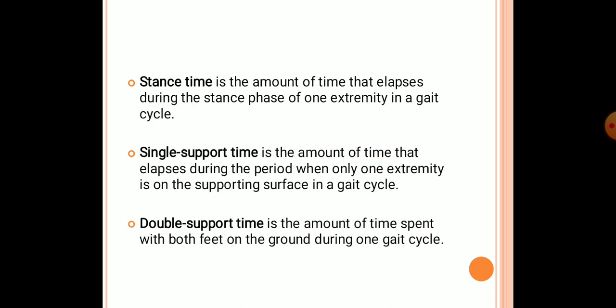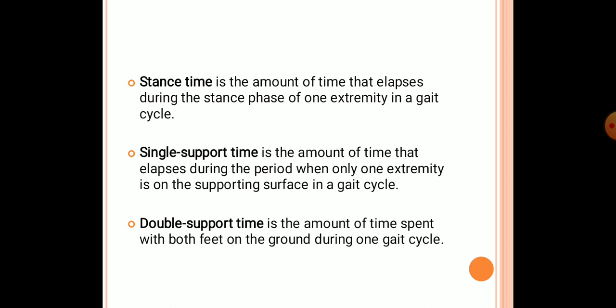So now we are going to discuss in detail what all these terminologies are and what they mean. So first one is stance time. When we discussed the gait cycle, we got two phases, stance phase and swing phase. How much time it takes to complete the stance phase is known as stance time.